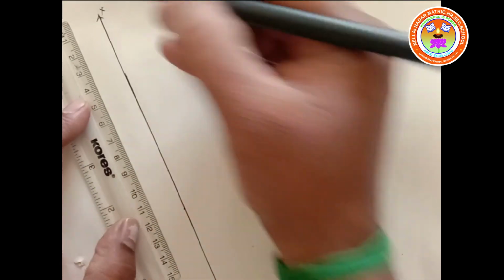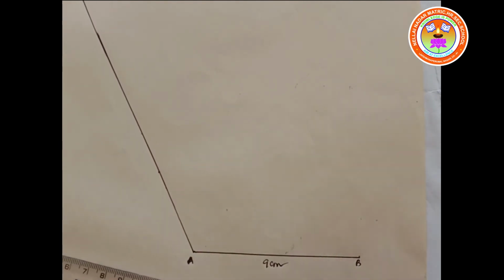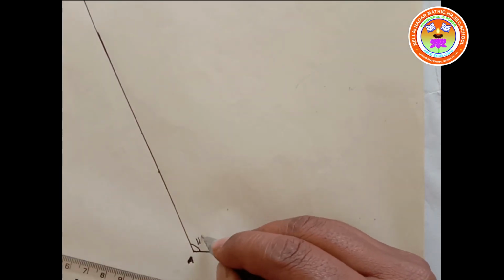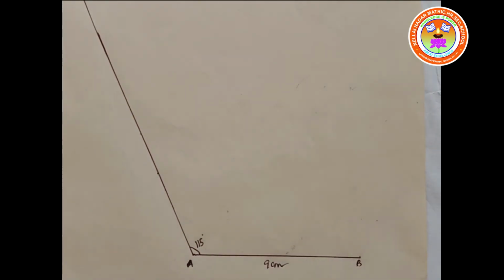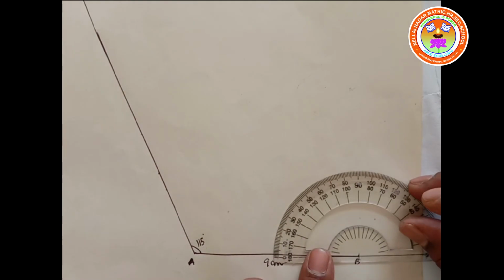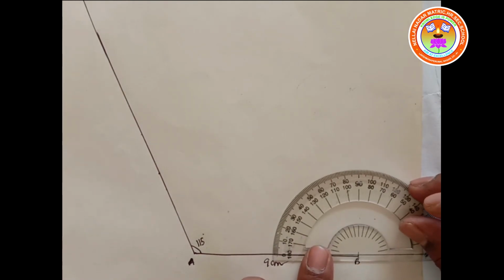Consider this as X. And from B, this is 115 degree. Now ABC as 40 degree.